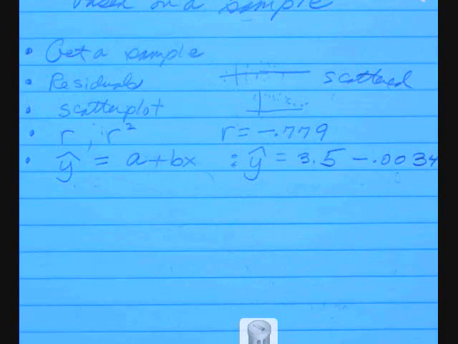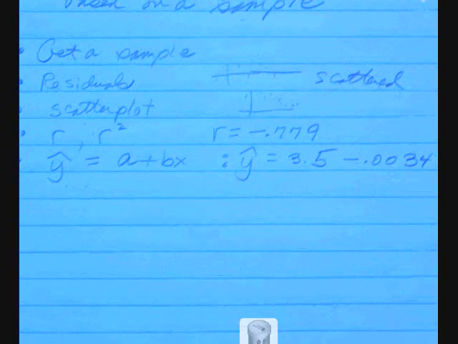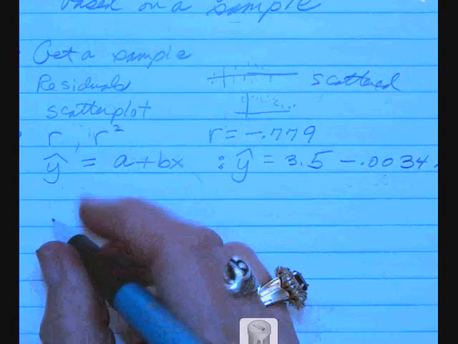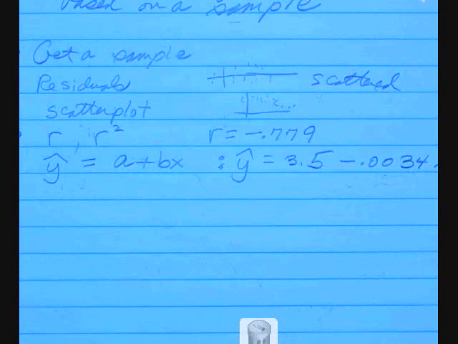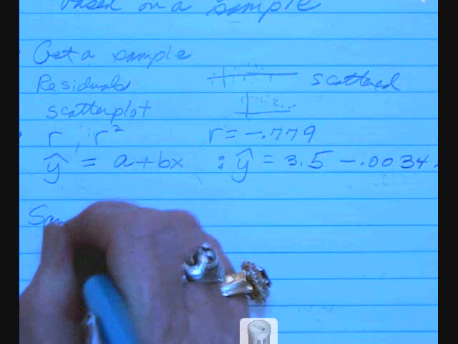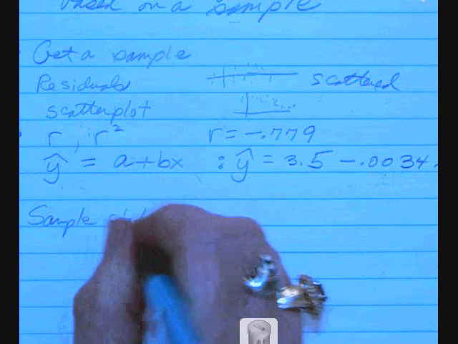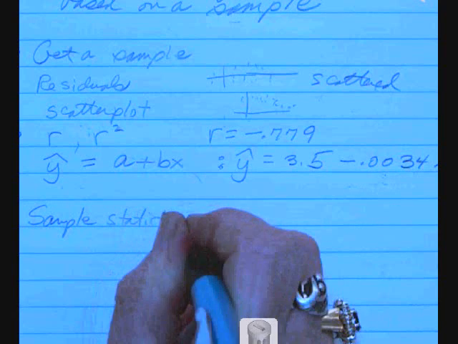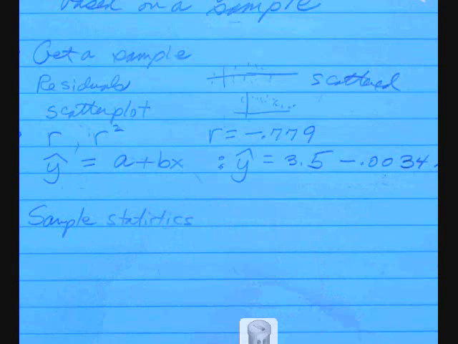All right. Now we're going to think about the population least squares regression line. So, you know, as we did our inference for means and parameters, we had sample statistics. And they were like X bar and P. Okay?